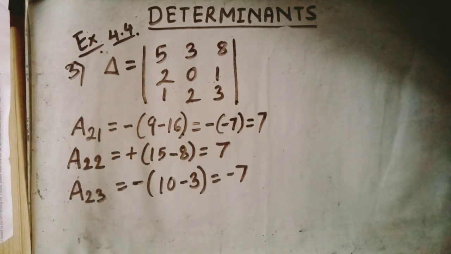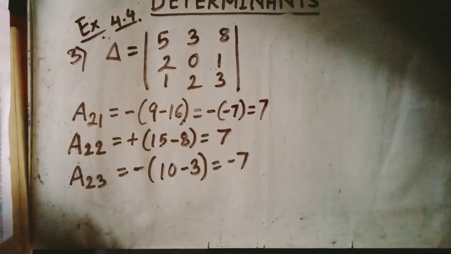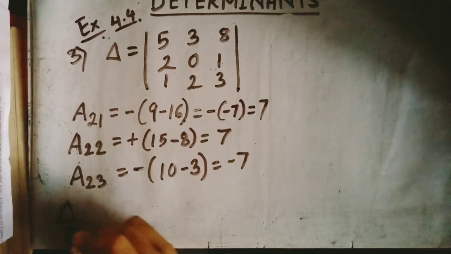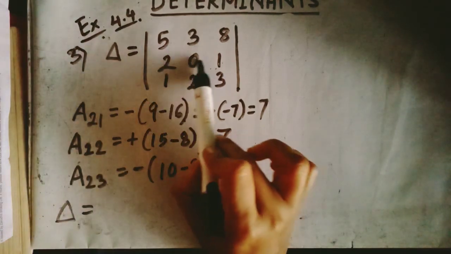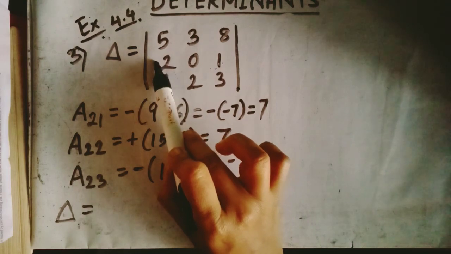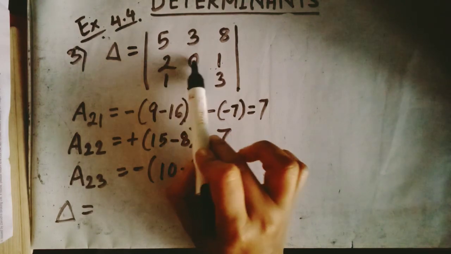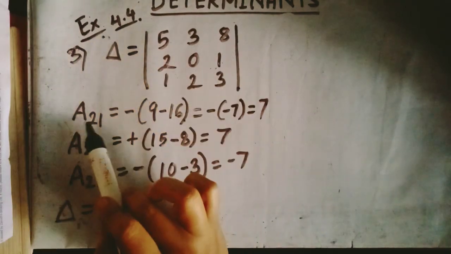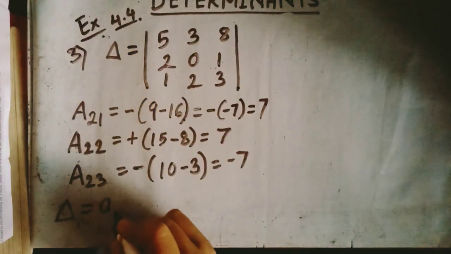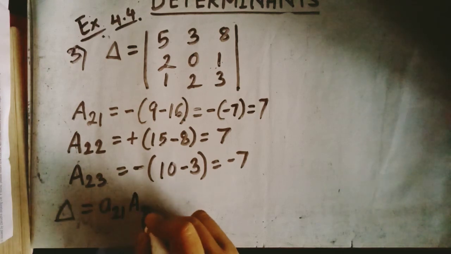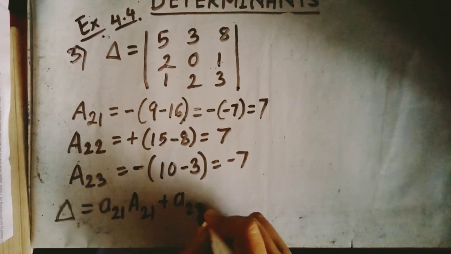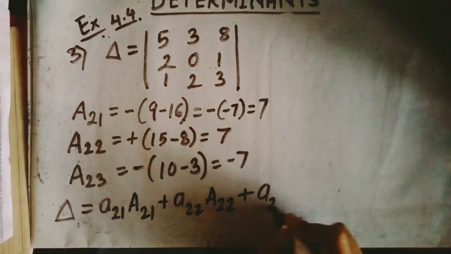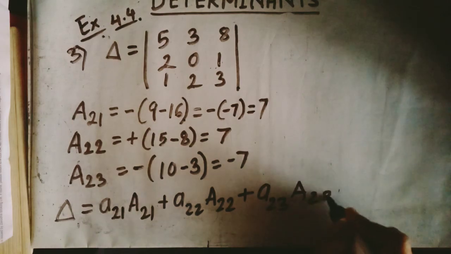Okay, now you have to find the determinant. So determinant, how you get? If you are calculating determinant using this row, then these elements get multiplied to the cofactors, right? So A21 into A21 plus A22 into A22 plus A23 into A23.